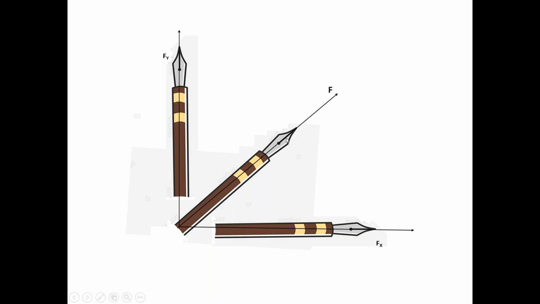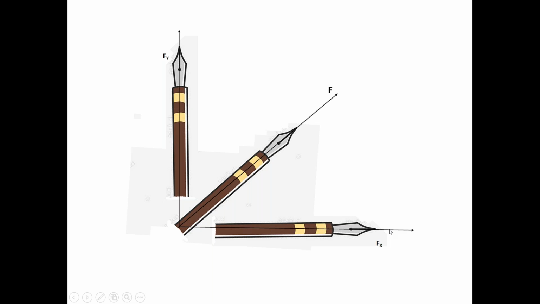Bring that pen onto the x-axis. On the x-axis, the direction of the pen nib indicates the direction of projection Fx on the x-axis.